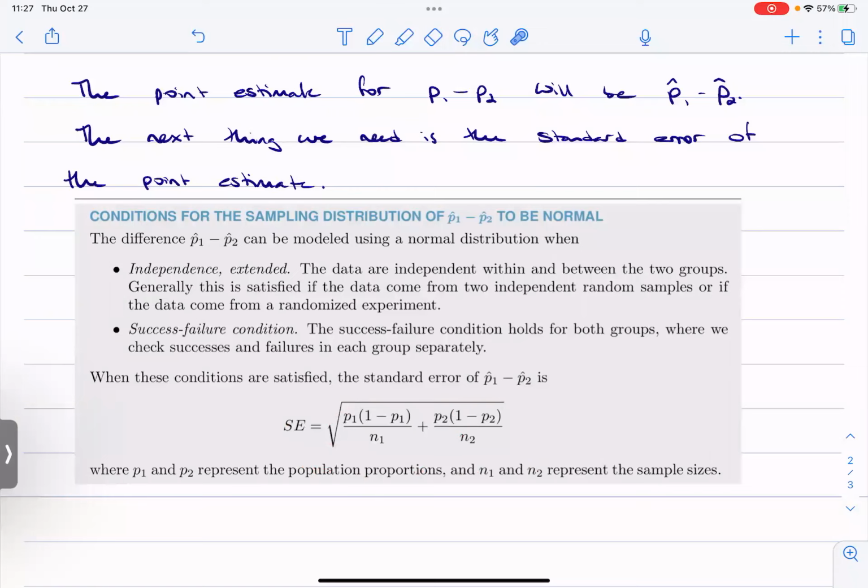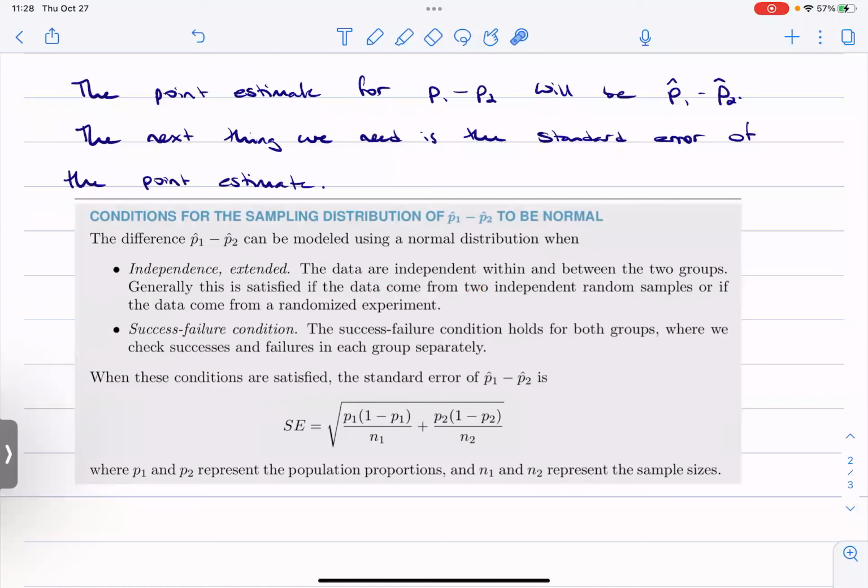Okay. So the independence condition. Remember before we had to have a randomly selected sample and that let us assume independence. But now we have to extend it a little bit and say that the data are independent within and between the groups, right?